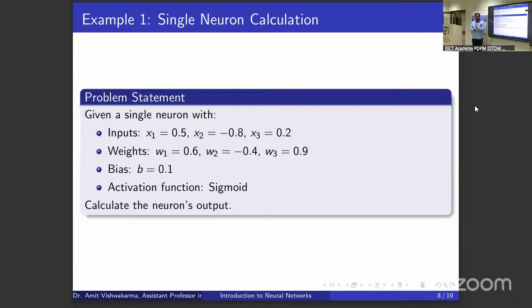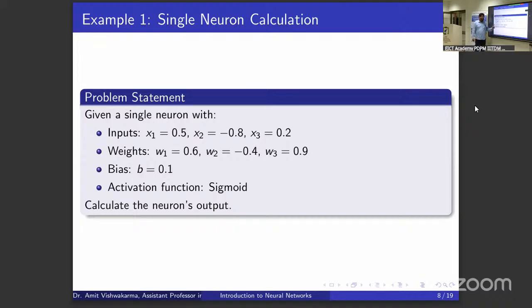We know Z is computed by the sum of x_i into w_i. Now assume we also have the bias term: B equal to 0.1, a very small value.